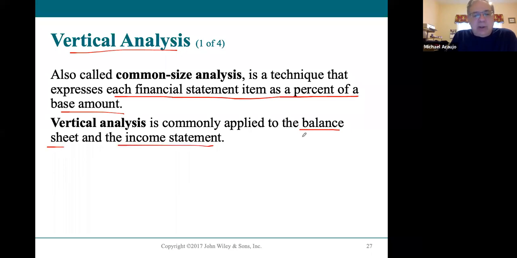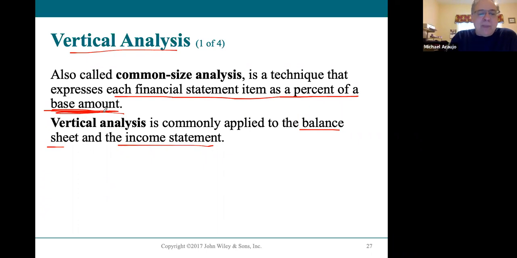We're going to be looking at a base amount, which for say a balance sheet would be like total assets. So how much current assets as a percentage of total assets, property, plant, and equipment as a percentage of total assets. The total assets is the base, and we're looking for the percent, the fraction that is current assets or property, plant, and equipment.